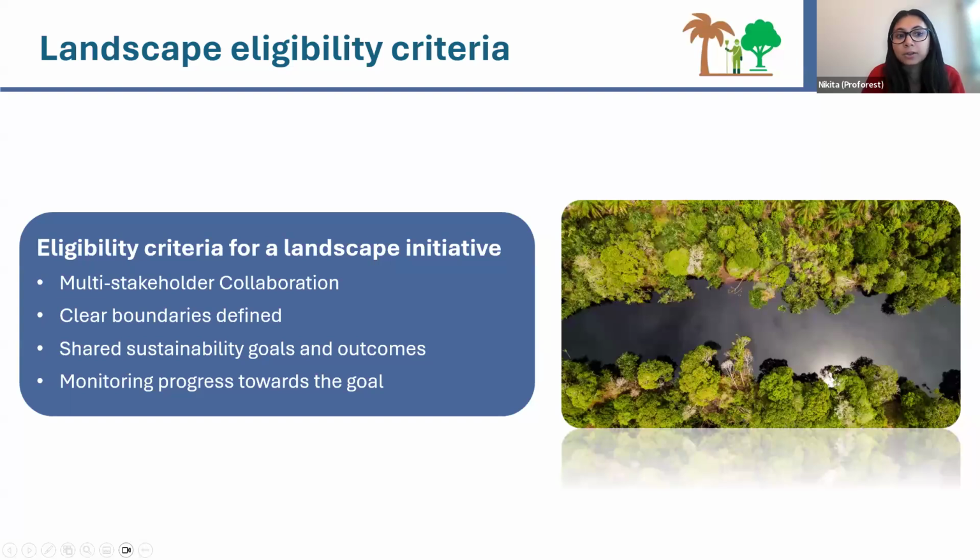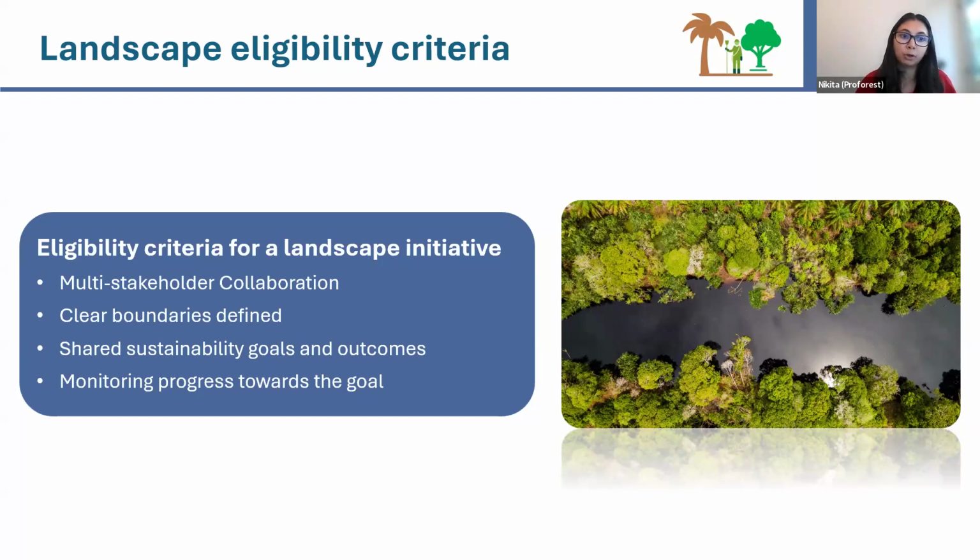So when can you use the landscape criteria, and what would be the eligibility criteria for a landscape initiative? At the moment, the eligibility criteria require a few things that would make it an eligible landscape initiative. Firstly, we are asking for some amount of multi-stakeholder collaboration.